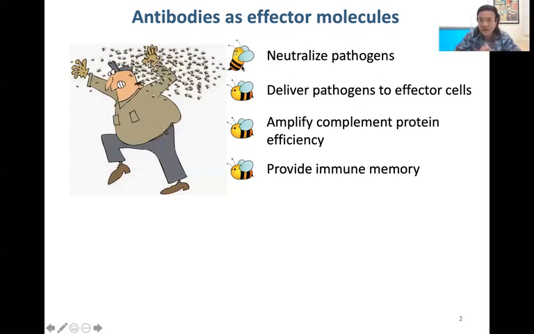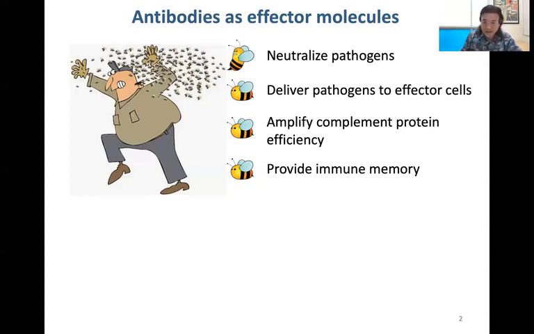They can swarm and cover antigen targets. They can neutralize pathogens by blocking the ability of pathogens to interact with host cells in your body, for example. So viruses cannot gain entry and infect more cells of your body. They can deliver pathogens to other effector cells of our immune system, which we'll take a look at today.